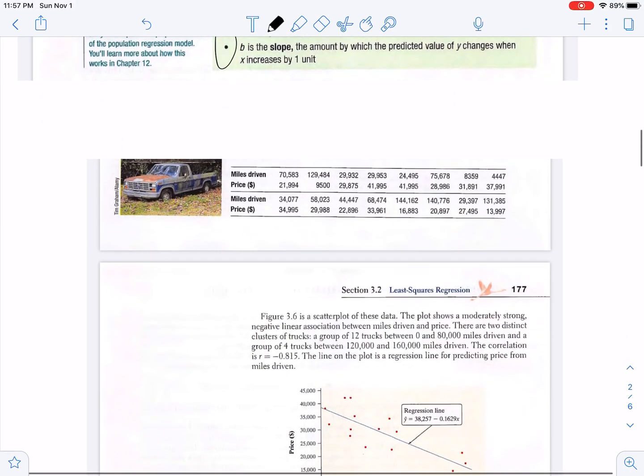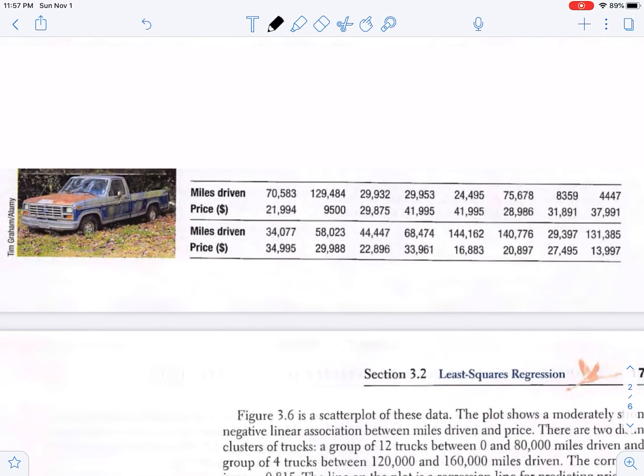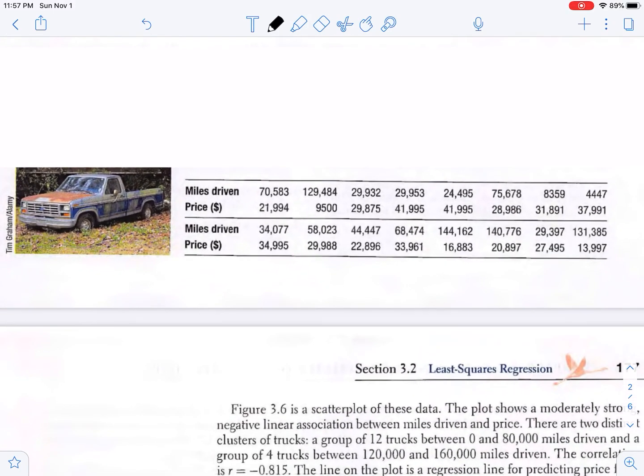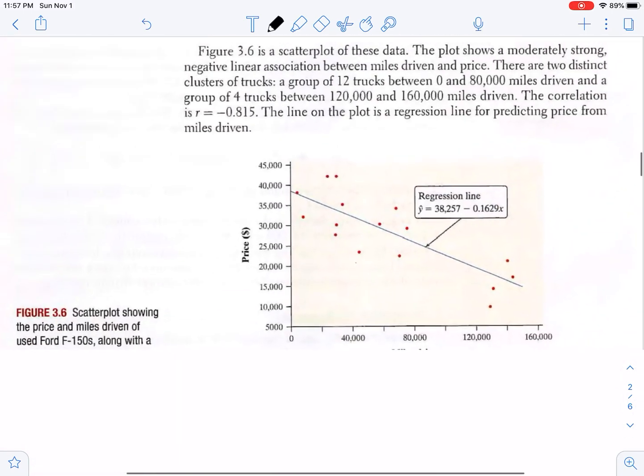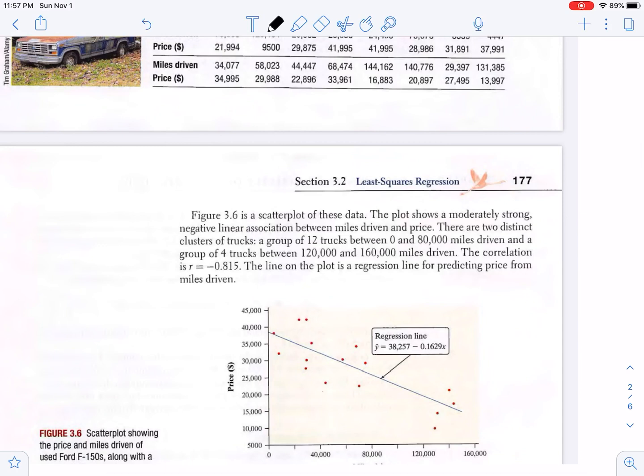Okay, so let's see an example. For this data here, which is how many miles a car has been driven based on its price, we can make a scatter plot. What a regression line will hope to do is fit itself through the data in a way which is reasonable to describe the data. This one seems fairly reasonable.